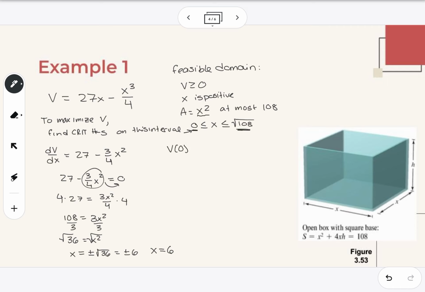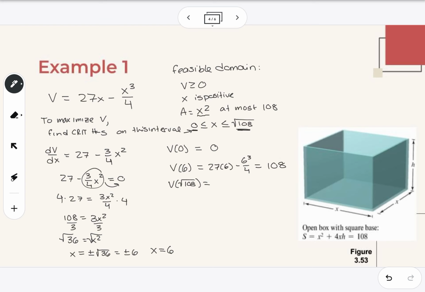So what's v of 0? What's v of positive 6? That's your critical number. And what's v of the square root of 108? If you plug these numbers back into your original function, you would get 0. If I plug 6 back into v, so I would get 27 times 6 minus 6 cubed divided by 4, you're going to get 108.